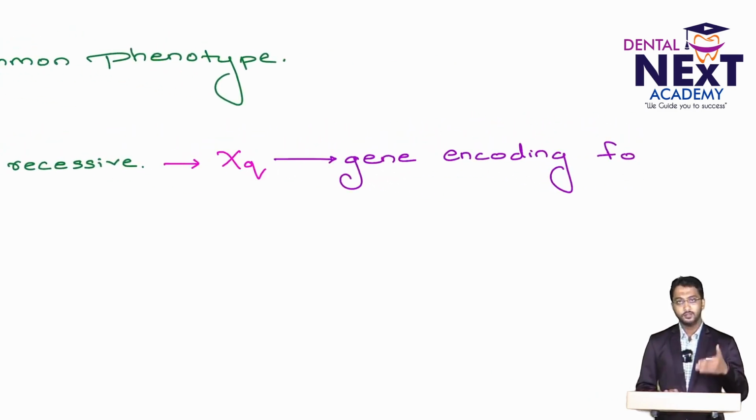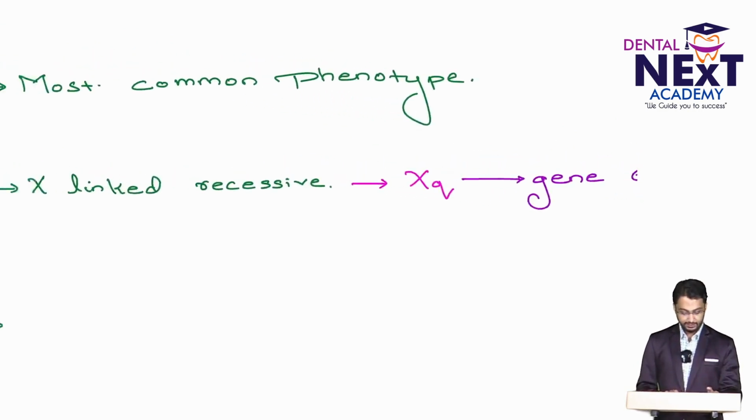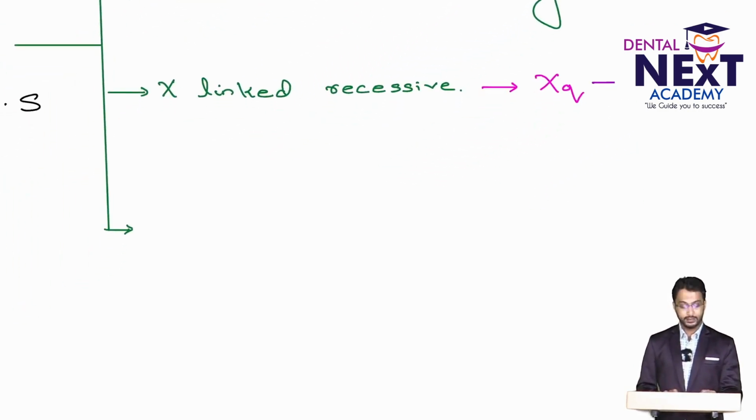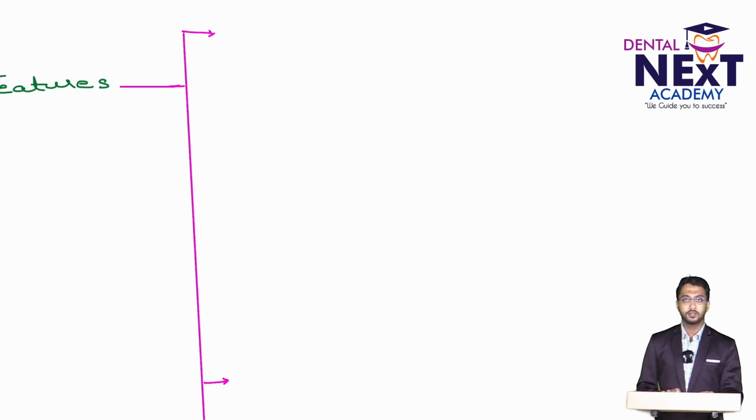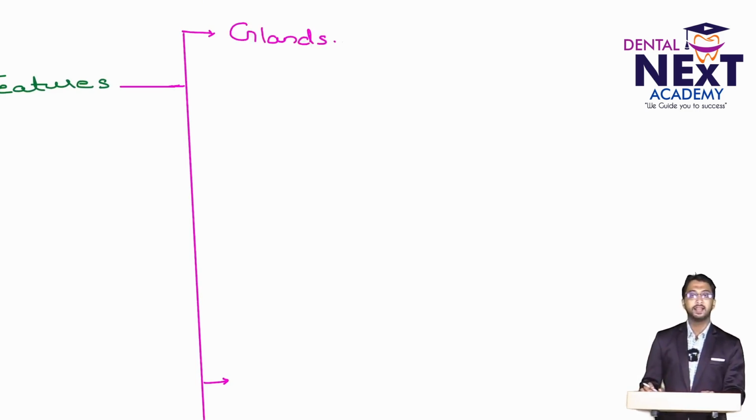You know now genes, transcription, translation, proteins are formed, isn't it, in biochemistry? So that's what it is. Now, what are the features? Very, very, very important. As I've told you, ectodermal structures are affected. What are they? One is the glands are affected.